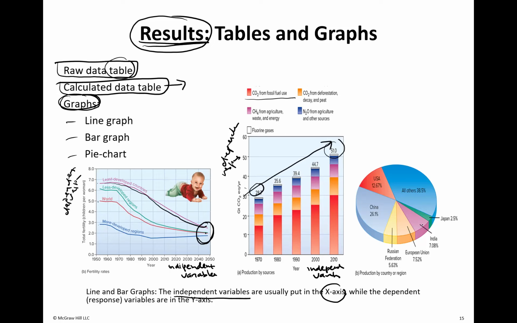And this one is by regions or countries, in the pie chart. If you see over here, the country that produces most of the greenhouse gases is China, followed by the United States, and then the European Union, and then India, Russia, Japan, and all other countries.